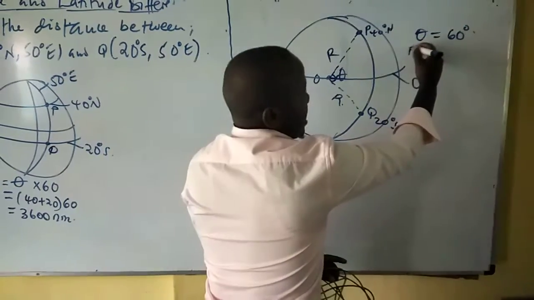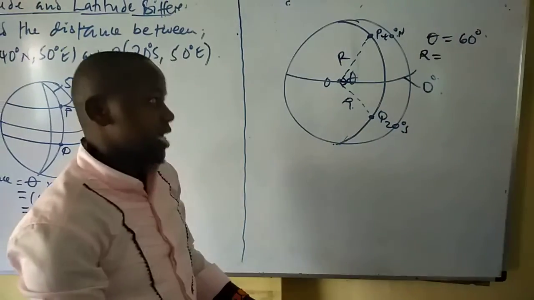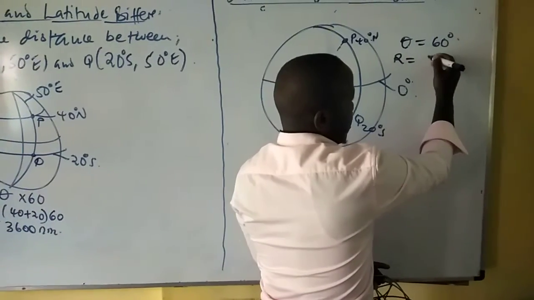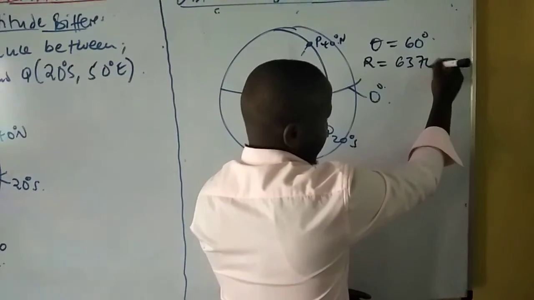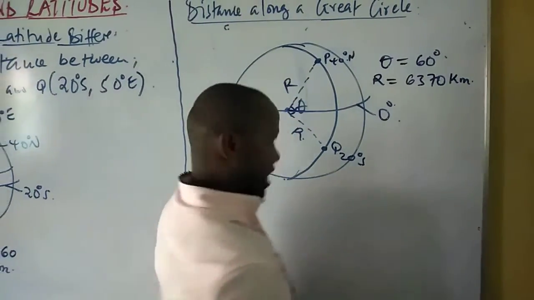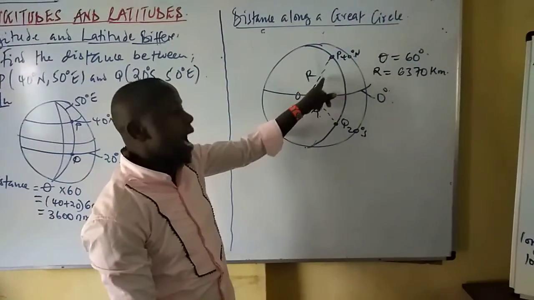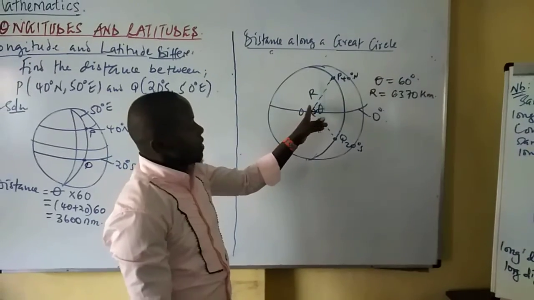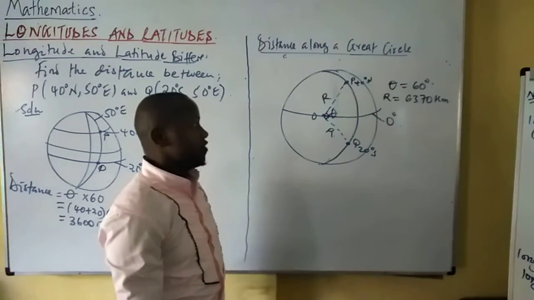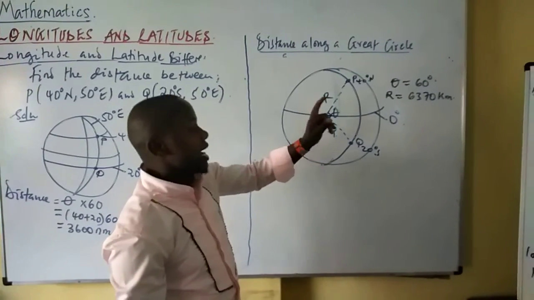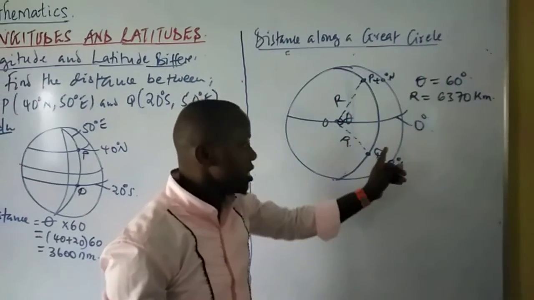The radius of the Earth is always a constant, provided as 6370 kilometers. Because we have the radius of the Earth and the angle between the two places, we can calculate arc PQ.